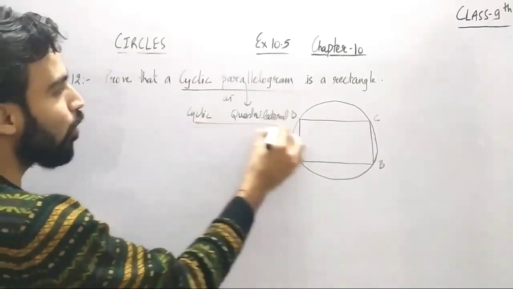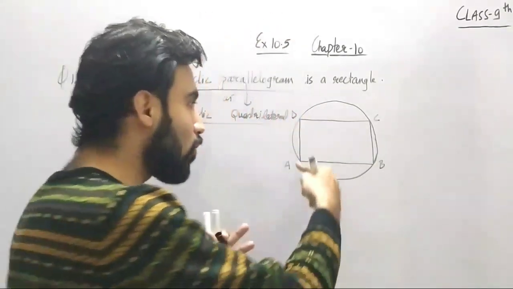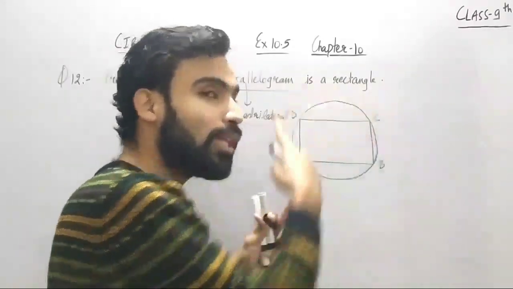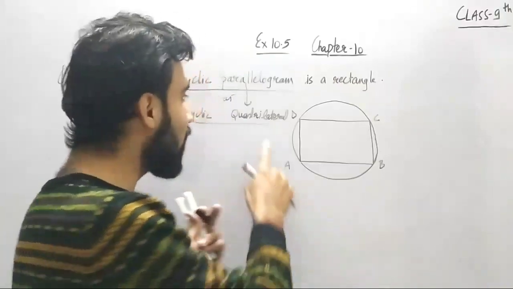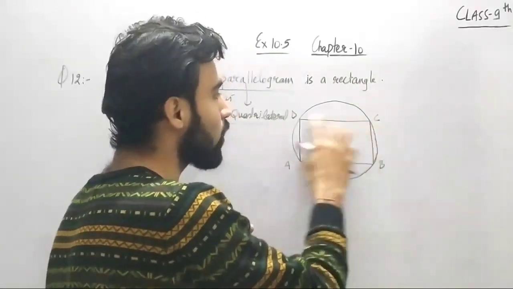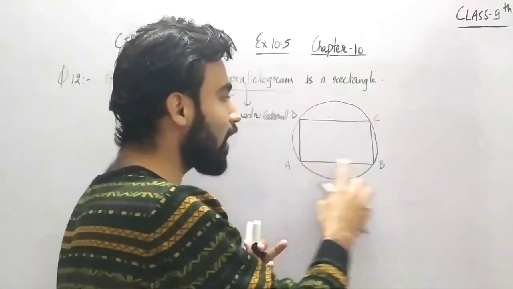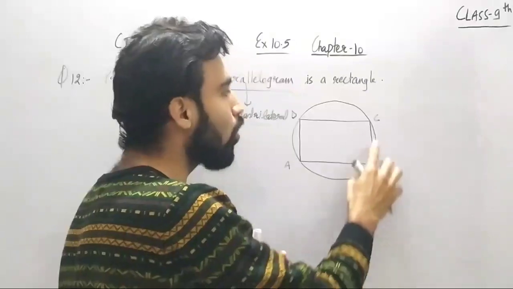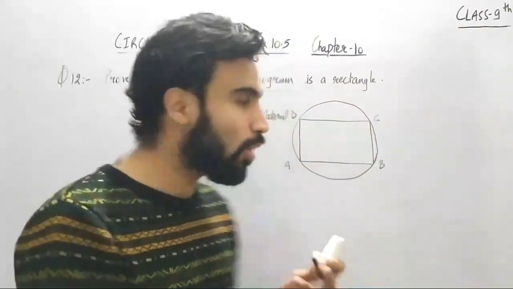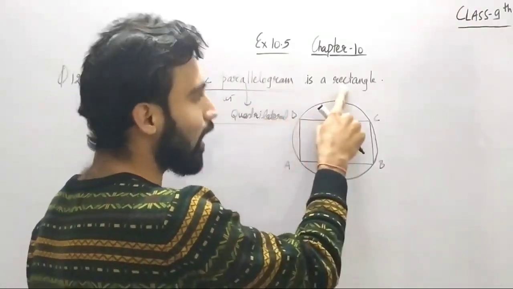Now you can see we know that a cyclic quadrilateral is a quadrilateral which is lying within the circle. क्योंकि हमें पता है कि cyclic quadrilateral क्या होता है, जिसके चारों vertices जो है सर्कल की circumference पे लाई करते हैं. मैंने वो बताया था. So you can see ABCD is a cyclic quadrilateral when all the four points, or you can say the vertices, lie on the circle. So यहाँ पे हमें क्या करना है, इस cyclic parallelogram को rectangle prove करना है.